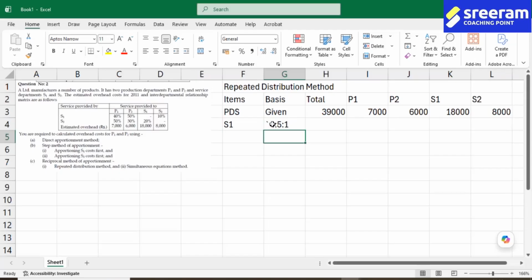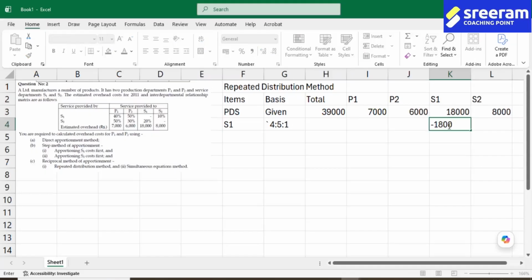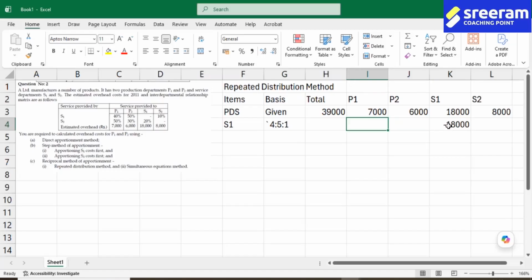4:5:1. So I don't want to make any change in the total column because I have taken up all the departments' overheads there. Firstly, I would like to take up this 18,000 within brackets, minus 18,000 within brackets. Now, what is the distribution I got to make?